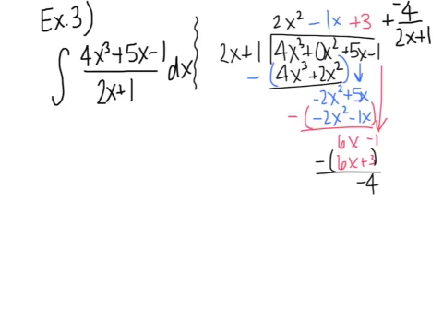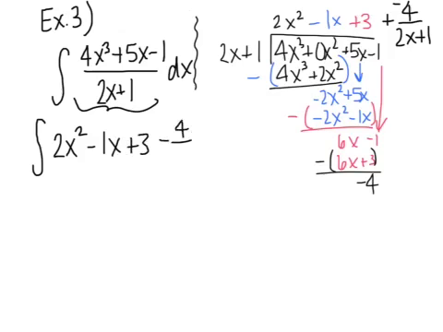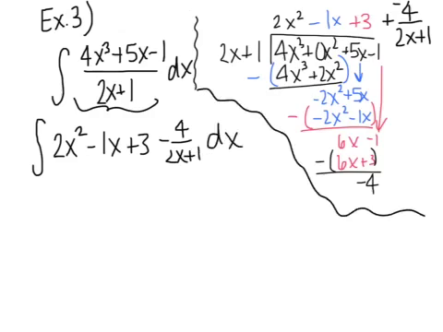How does this help? Well, if I convert this integral right here into 2x squared minus 1x plus 3 minus 4 over 2x plus 1, then it's the same thing as what we had before. Why does that help me?